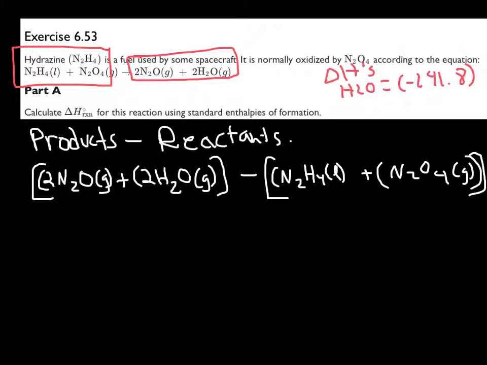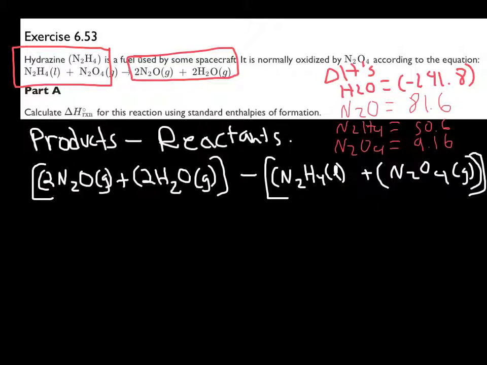Then we have N2O gas equals 81.6. We have N2H4, which equals 50.6. Then lastly, N2O4, which equals 9.16.